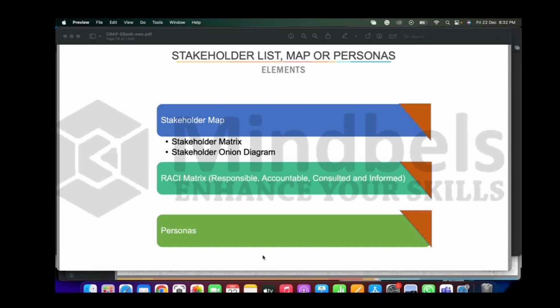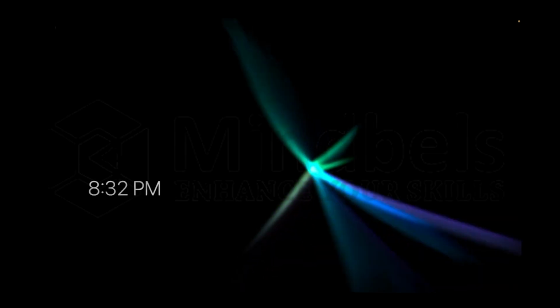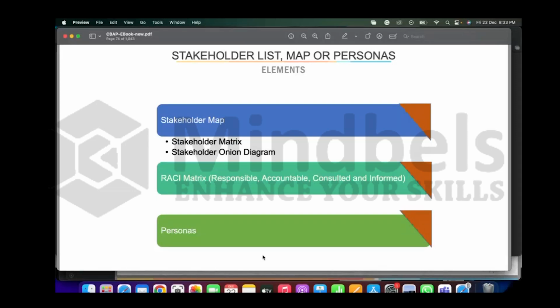Basically, the stakeholder onion diagram is a kind of analytical tool which will help you determine who the stakeholders are and how each stakeholder interacts with each other within the organization. It is a visualization that shows you the relationship of stakeholders to a goal or a project.